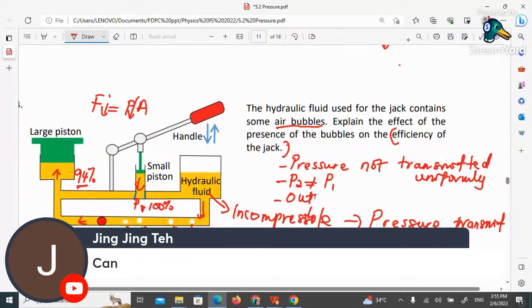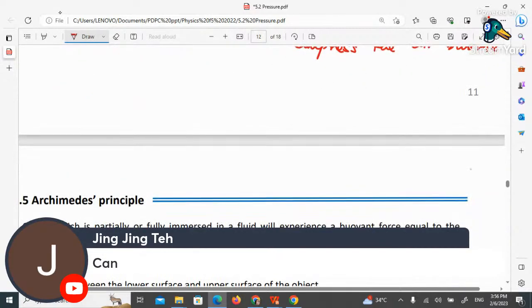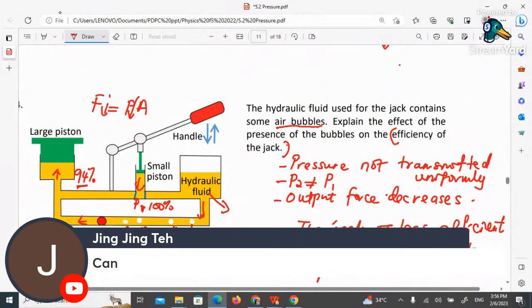Output force decreases. So the hydraulic jack is not efficient, or less efficient, due to loss in pressure to compress the air bubble.